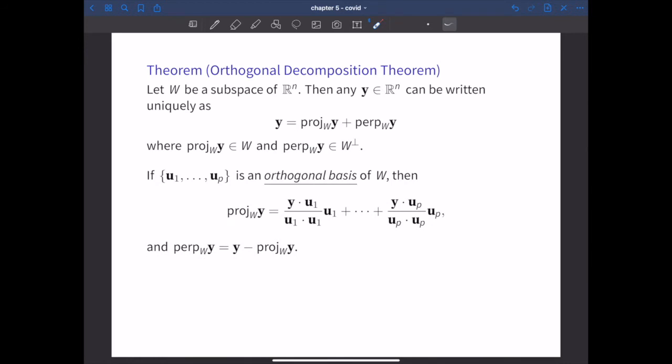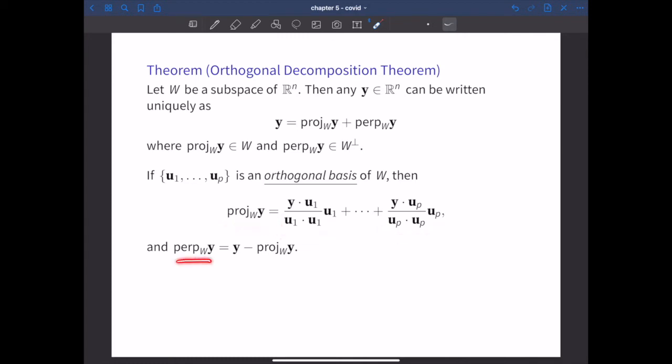Well, first of all, we need to have an orthogonal basis for our subspace W. If we have an orthogonal basis for W, then we can compute this projection piece using this formula right here. This formula might look kind of familiar, and we'll talk about why in a minute. That tells you how to find the projection piece.